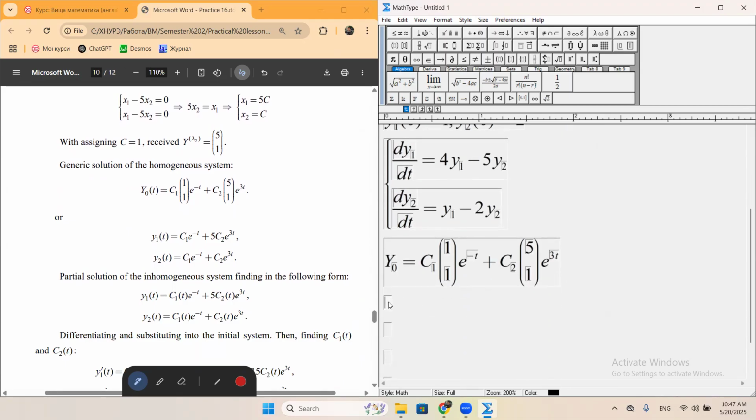And let us consider C1 and C2 as functions of t.